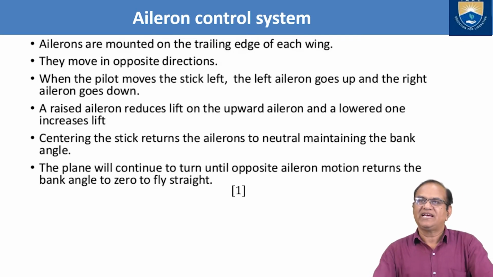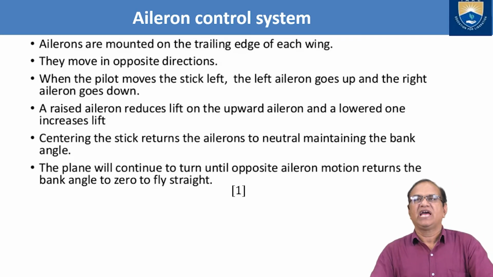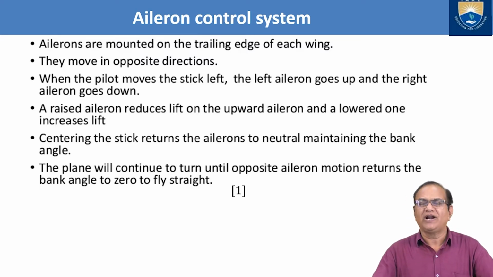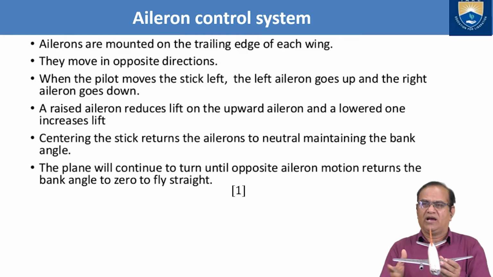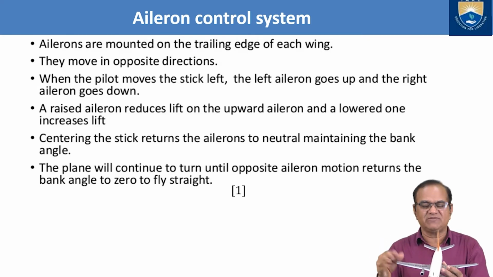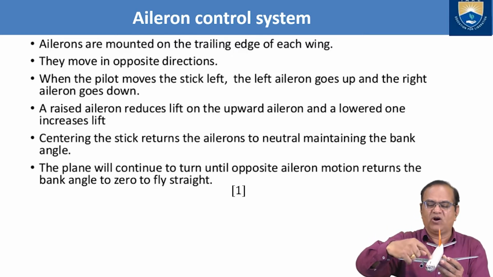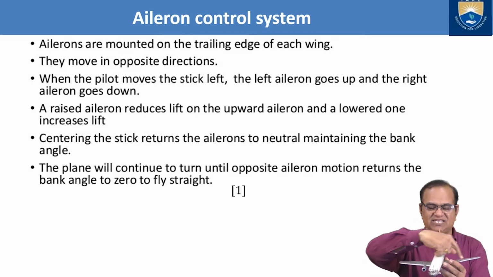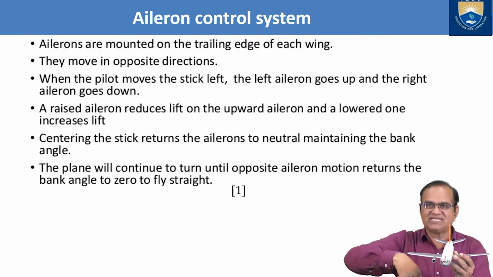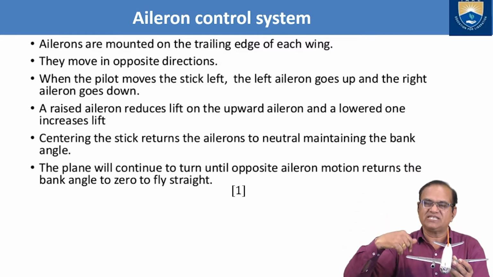Now next important are ailerons. Ailerons are used for rolling. So what is rolling? I will first discuss pitching, because I think I have left that out. Here is the longitudinal axis, this is the lateral axis, and the vertical is the z-axis.